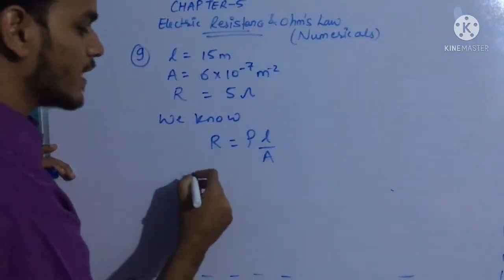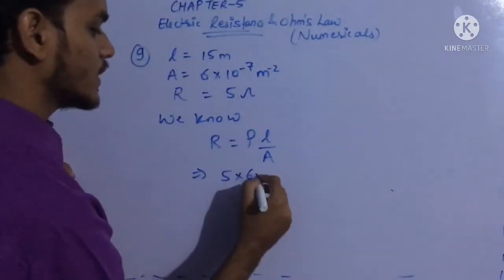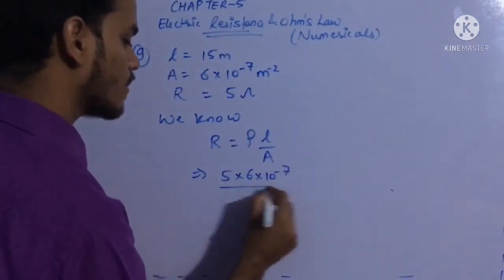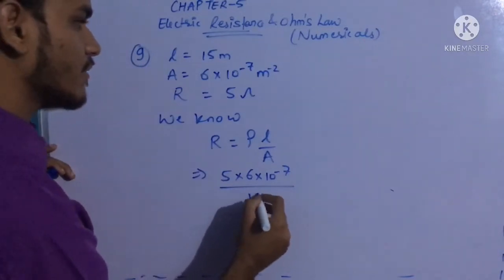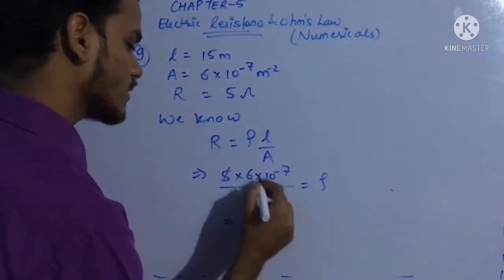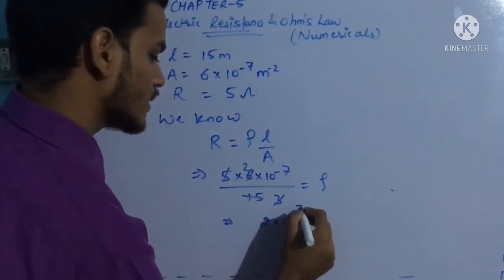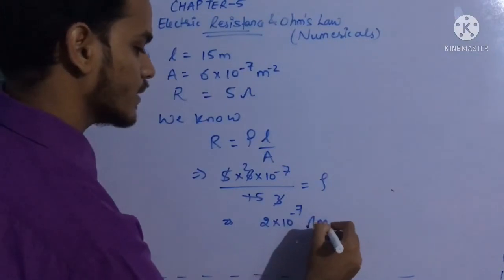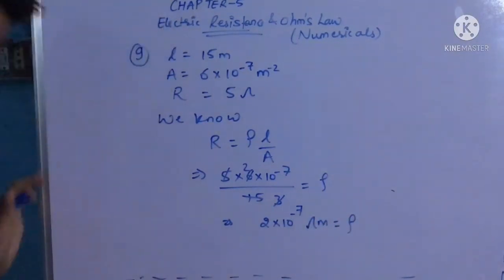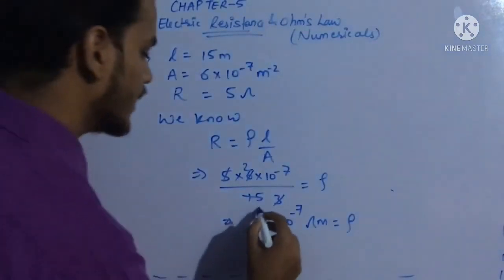So putting all the values, we get 5 into 6 into 10 to the power minus 7 upon the length, that is 15 meter, is equal to rho. On solving this, we get the answer as 2 into 10 to the power minus 7 ohm meter equal to rho.